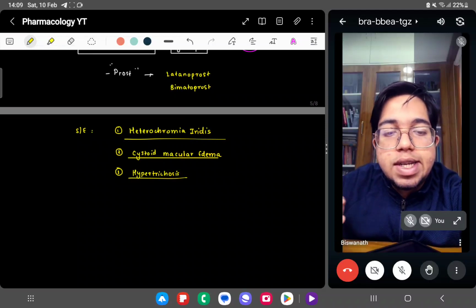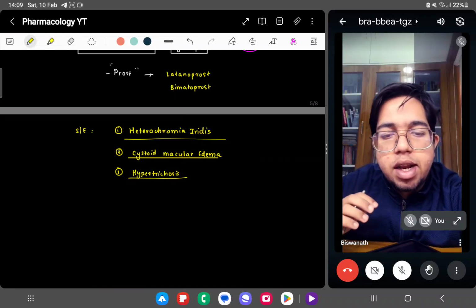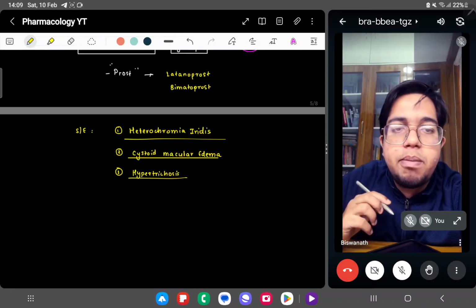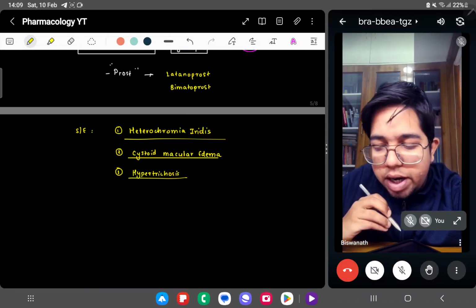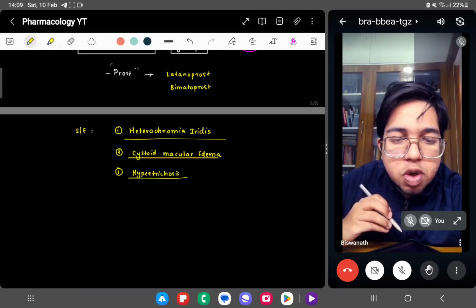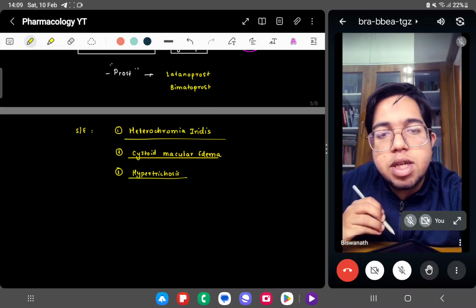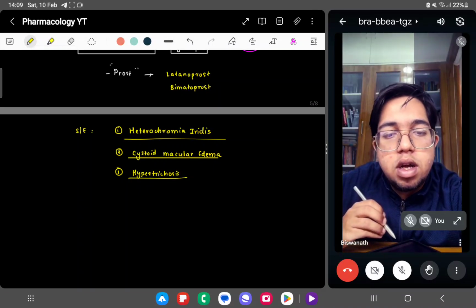You can just Google heterochromia iridis; very beautiful images will pop up. And for cystoid macular edema, you can appreciate the fundoscopy if you Google it. And hypertrichosis, you must have seen patients, or I don't know if you have. Okay, understood.